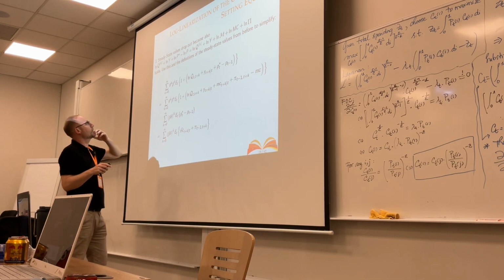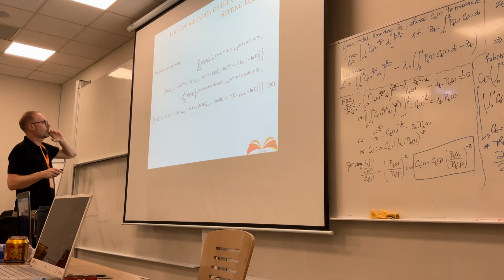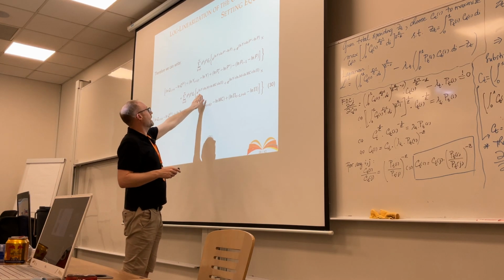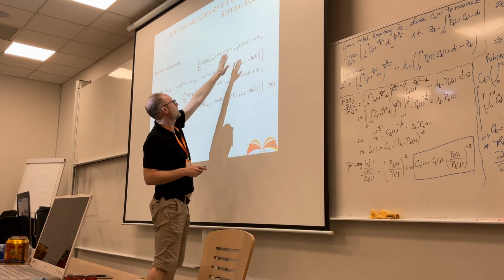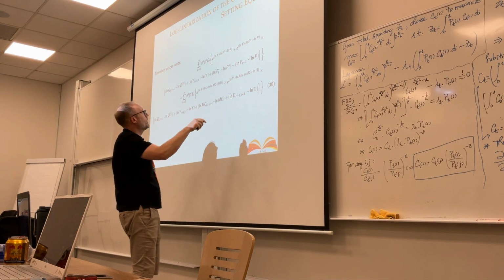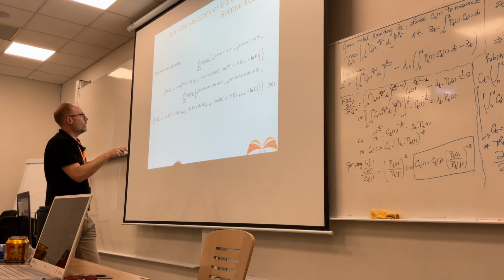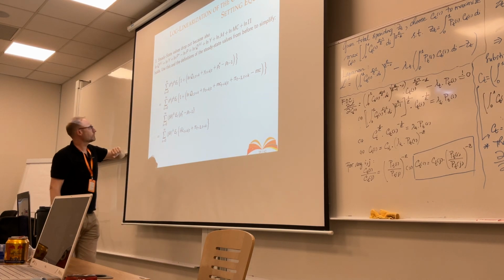Wait, no. We already did the approximation for log linearization. We can rewrite both of these terms as the same as those terms, divide through on both sides, and we get 1 plus this is equal to 1 plus this. Yeah, that's what we have there.